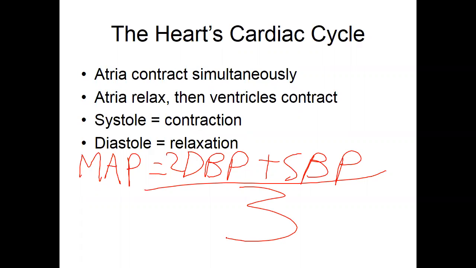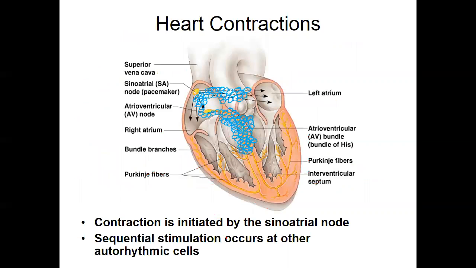And I break it down to the simplest cycle. Why is it 2 times the diastolic? I don't know if I talked about this with y'all yesterday. It's because the heart spends twice as long in diastole. So we have three segments, two of them being the time frame for diastole, one of them being systole. So that's where we have 2 diastole plus systole divided by 3. So of the formulas, that would be one to always remember.